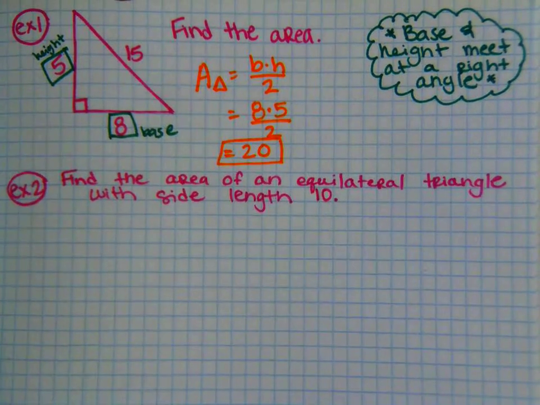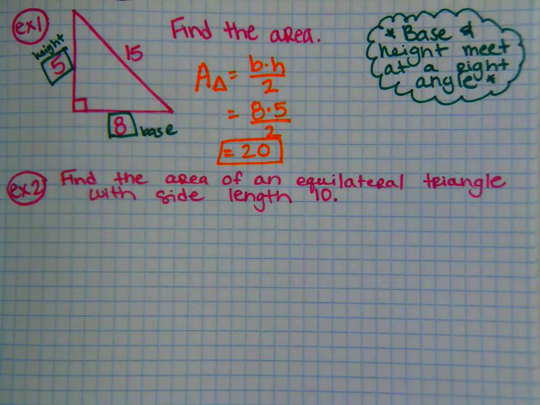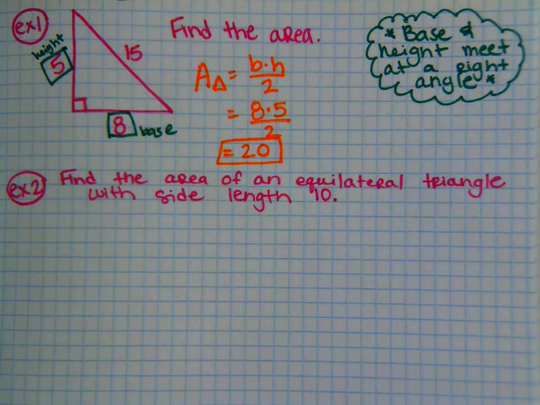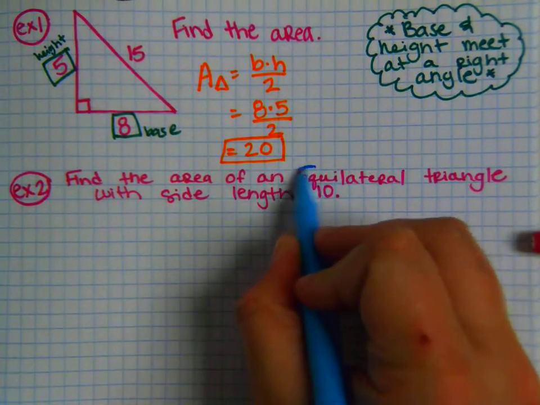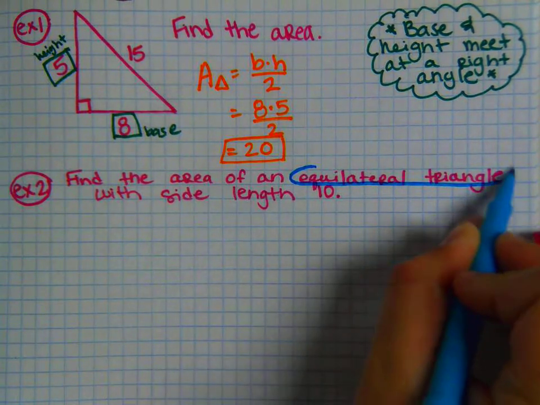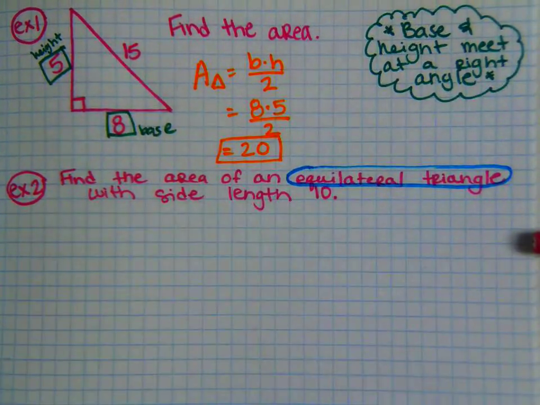Okay, so that's your problem. Find the area of an equilateral triangle with side length 10. First off, what is an equilateral triangle? What is an equilateral triangle?